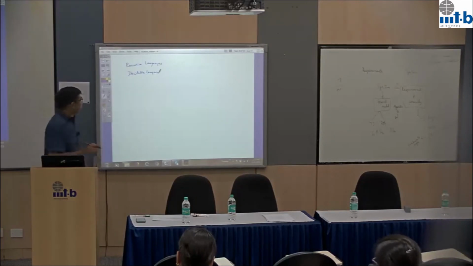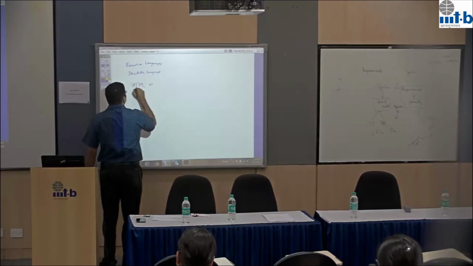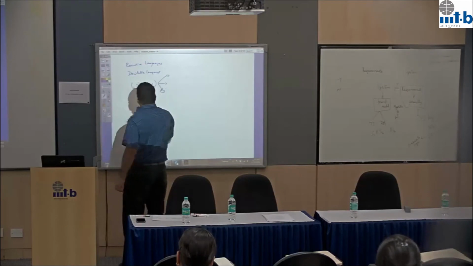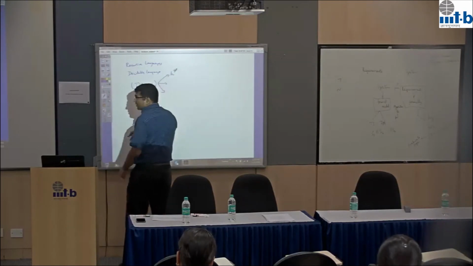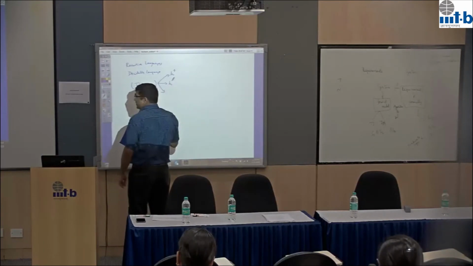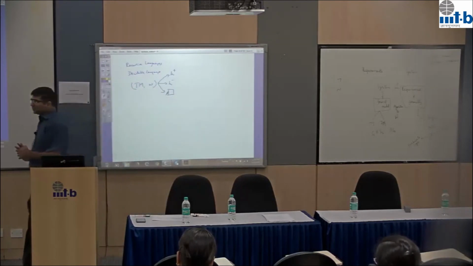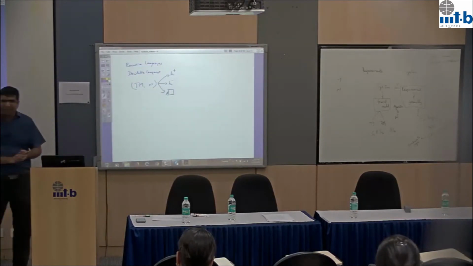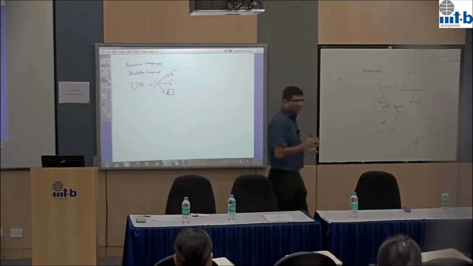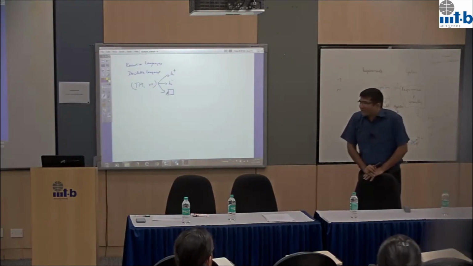So given a Turing machine and an input string w, you can get three possible outcomes. You can get an H plus, which means it has accepted it. You can get an H minus, which means it has rejected it. Or it may never stop. It can go off into an infinite loop, and so you don't know how long to wait.